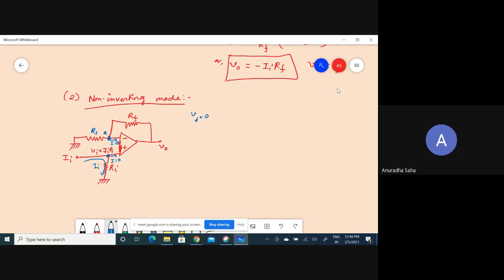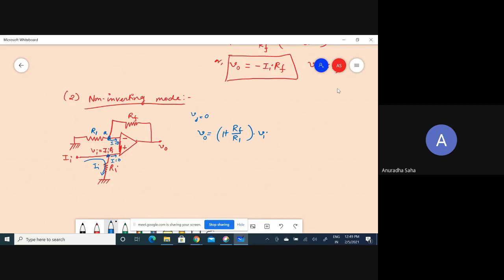So what would be the output voltage? Because this is a non-inverting op amp, Vo must be 1 plus Rf by R1, into Vi. This is the input voltage we have created in this manner.